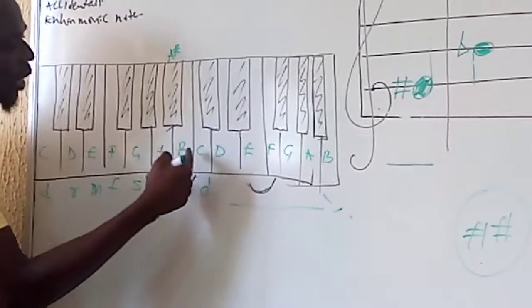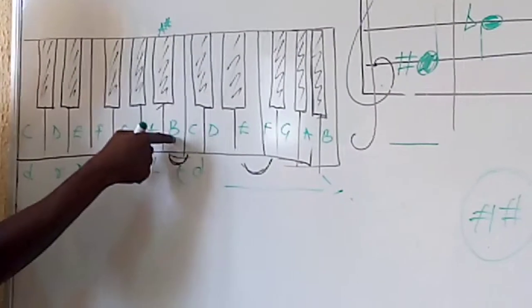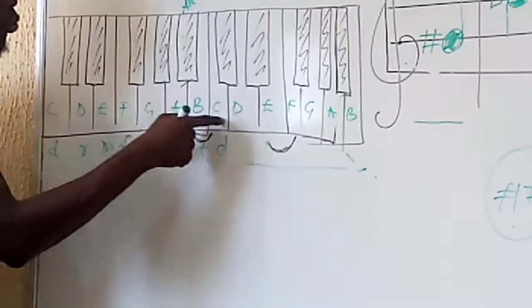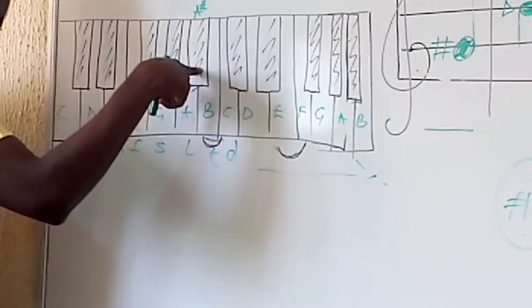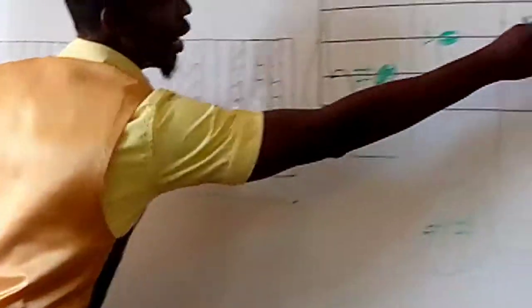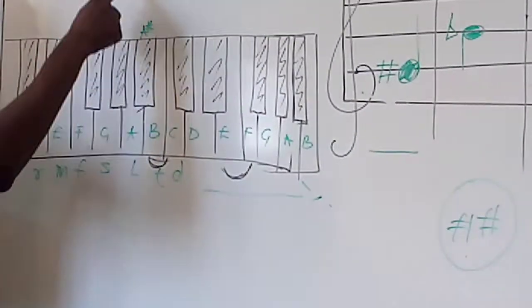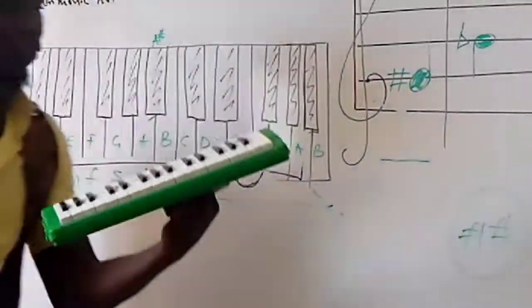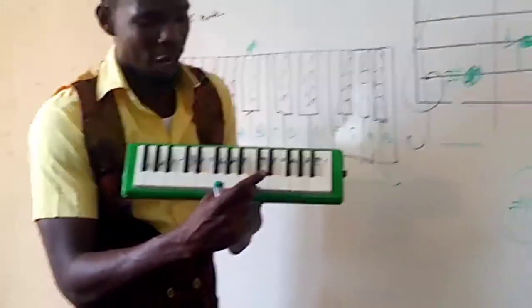A tone. That means it's going to be 1, 2, because reducing it once is a semitone, and two semitones give us 1 tone. So you're not playing C on the staff, but you're playing A sharp. If you have your keyboard or your melodeon with you, this is where it is placed, the double sharp sign.